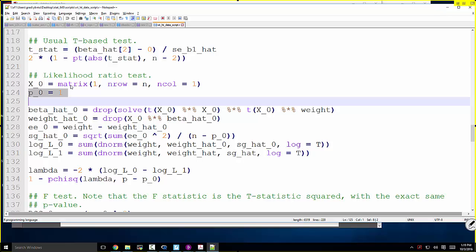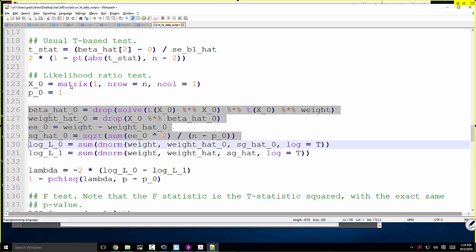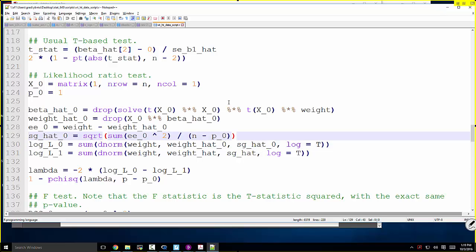And then all of this stuff is exactly the same as what came above, except I'm using the null model design matrix. X transpose X inverse, X transpose Y. Fitted values are X0 times beta hat 0. Residuals, residual standard deviation. So let me run these things.